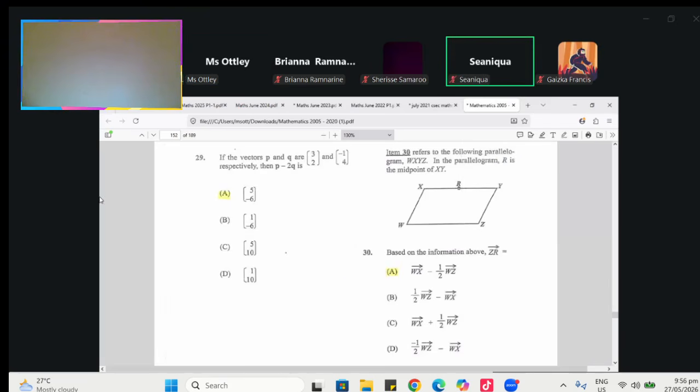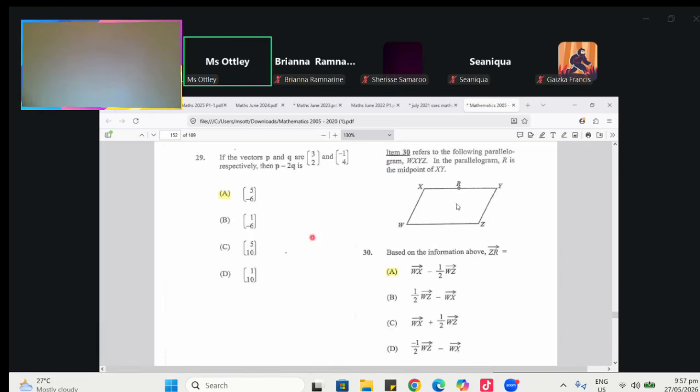No, miss. All right. Because it's a parallelogram, if we look at our answers, they told us that R is the midpoint of XY. But in our answers, we don't have any midpoint of XY. You see that? The midpoint is half. So we are seeing half of WZ. Because they are parallel, they will be equal. So XY would be equal to WZ. Remember, if we're going the opposite direction, it will be negative.